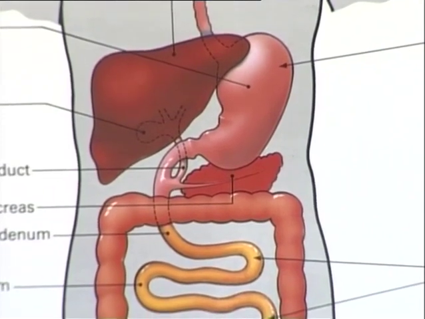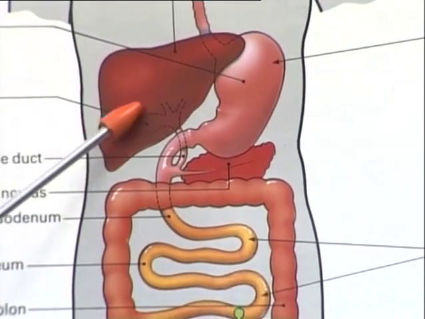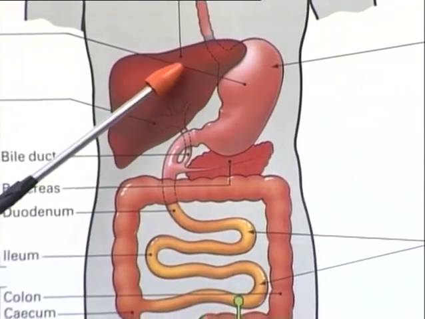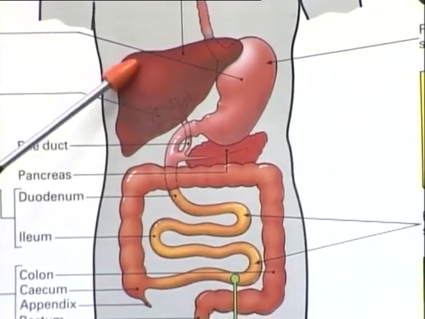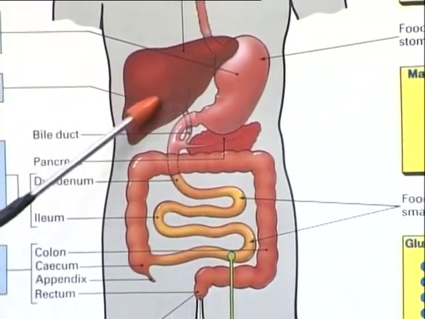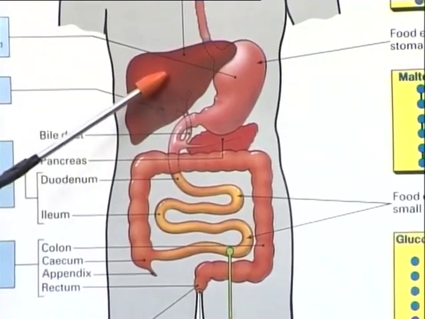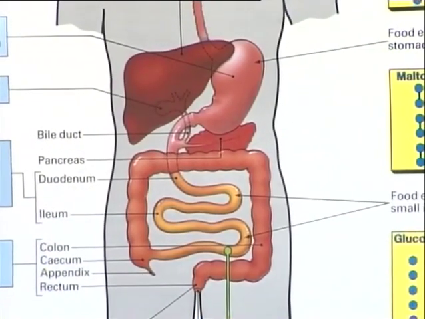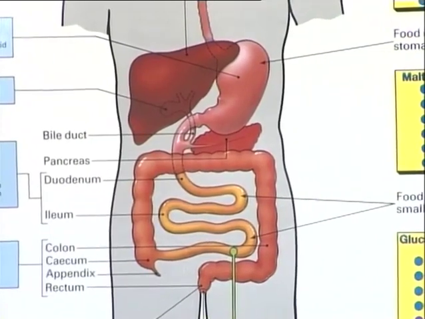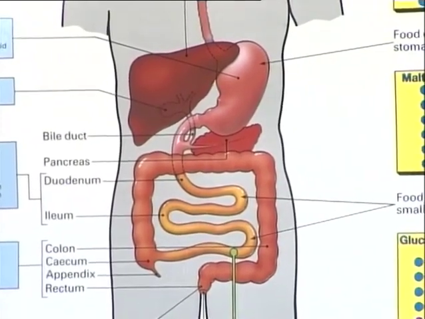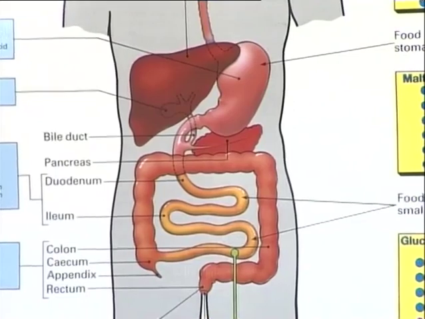Right. And the other organ that we have seen here is the liver. The liver is this reddish part of the digestive system. The liver stores chemicals, and it's the central heating system of the body.